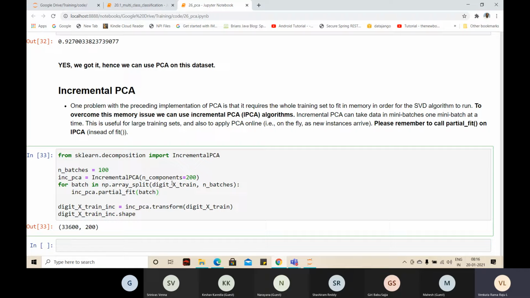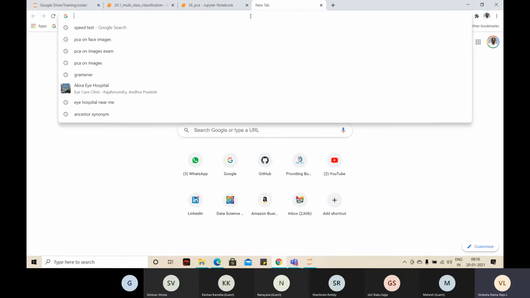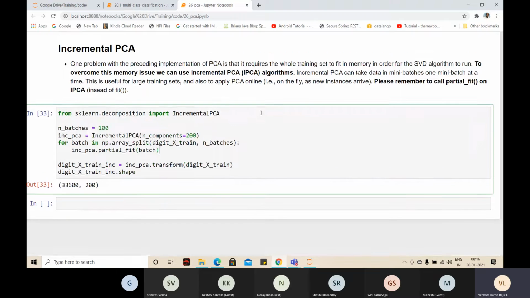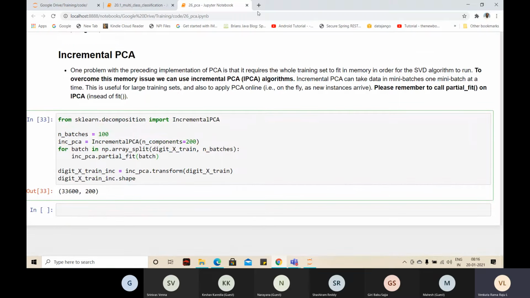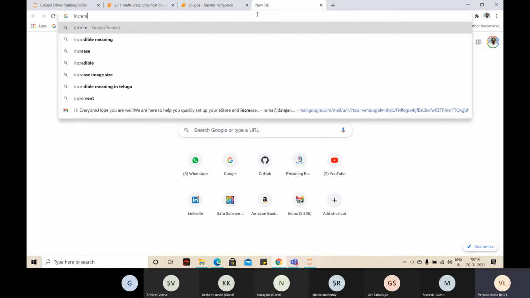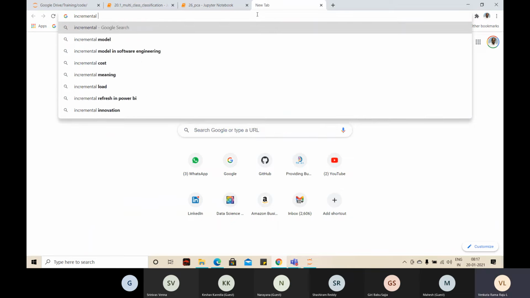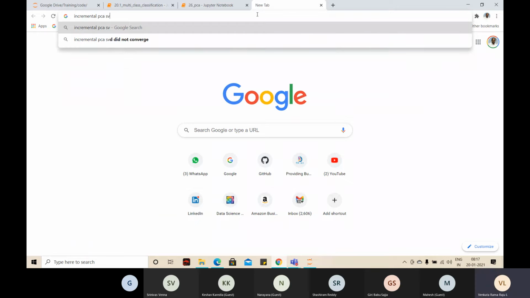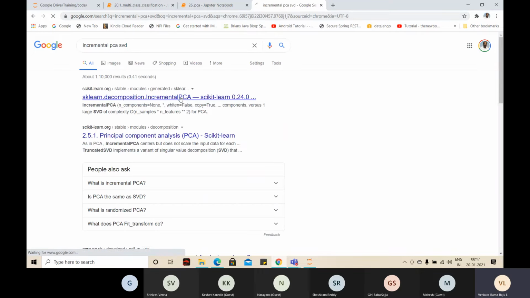Incremental PCA uses SVD, the concept. I forgot the name of it.